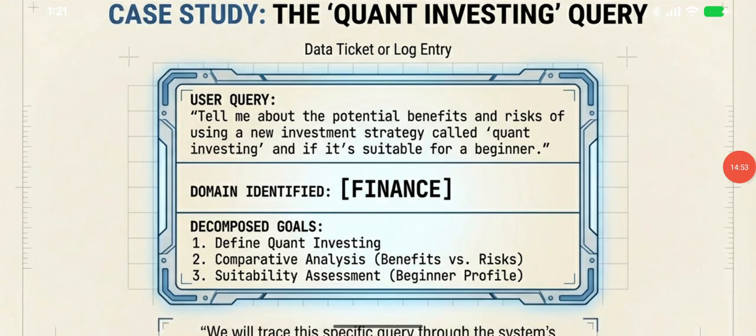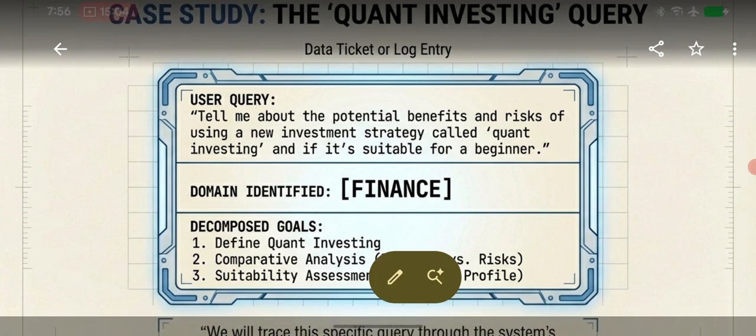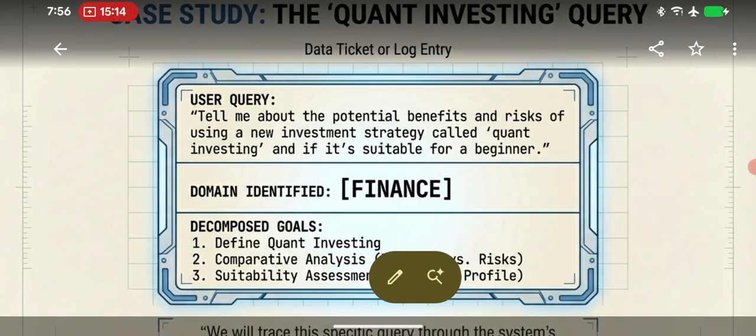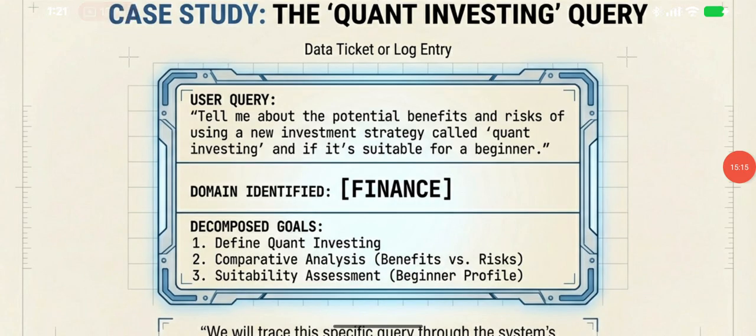First, define quant investing. What is quant investing? Second part is to do the analysis of benefits versus risk. Then a suitability assessment, for the beginner profile. When you get the response, you will get details which could be suitable for a beginner, intermediate, or advanced investor.